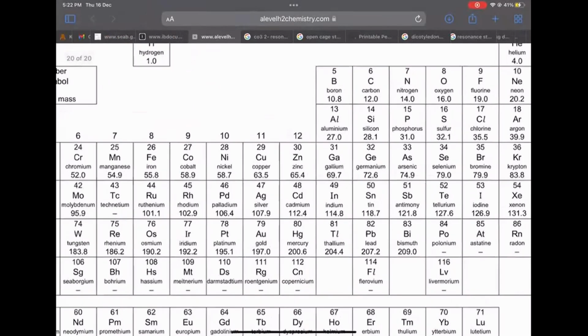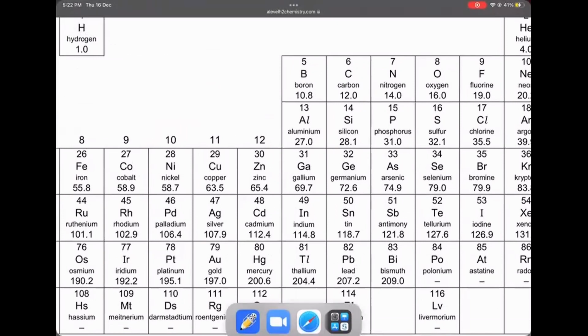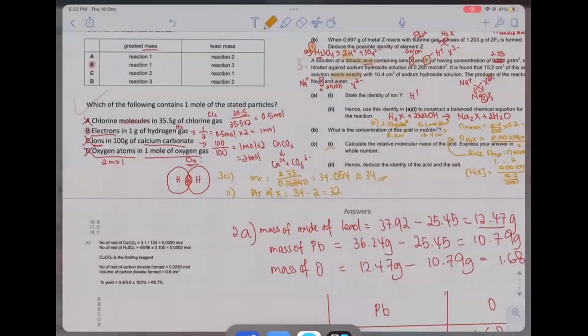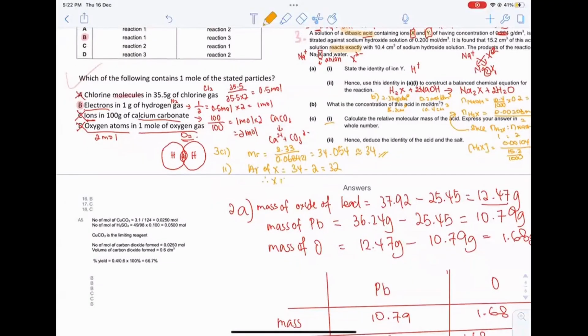Okay, I can see 32.1, so this will be the closest to 32. Therefore, X is sulfur. Therefore, the acid is H2S and the salt is Na2S. They asked us to identify acid and salt. So, that's that. Understand?